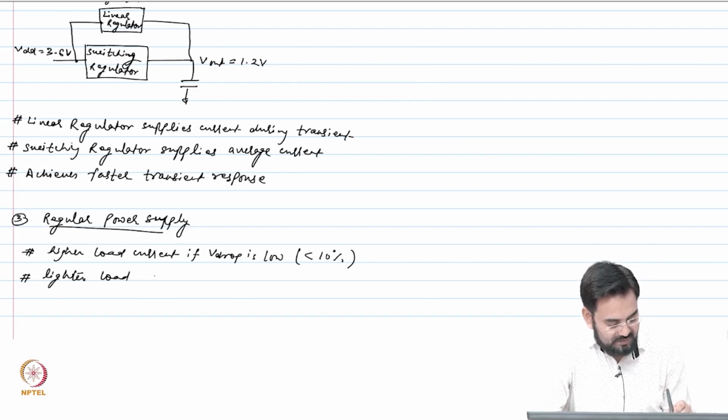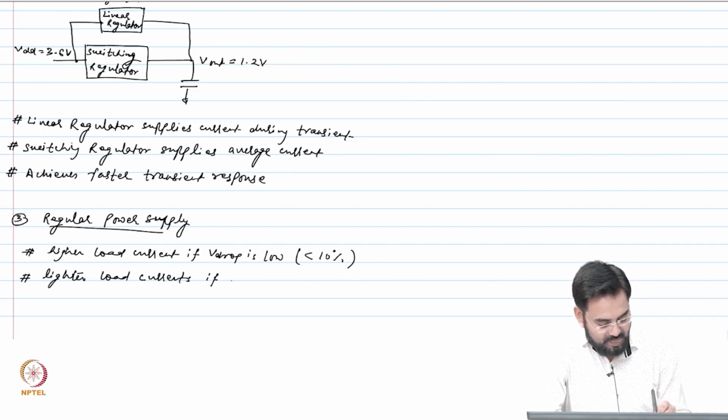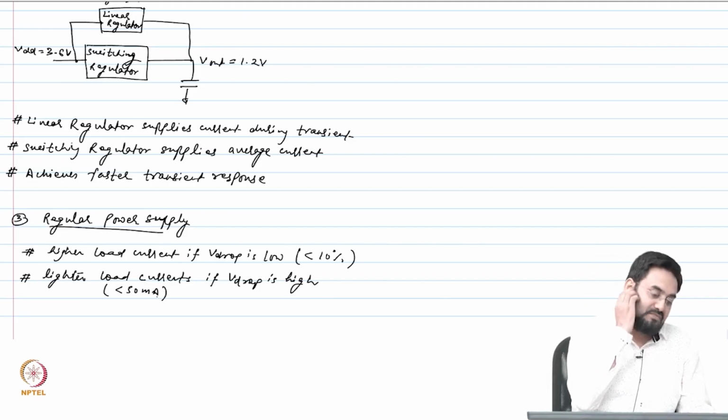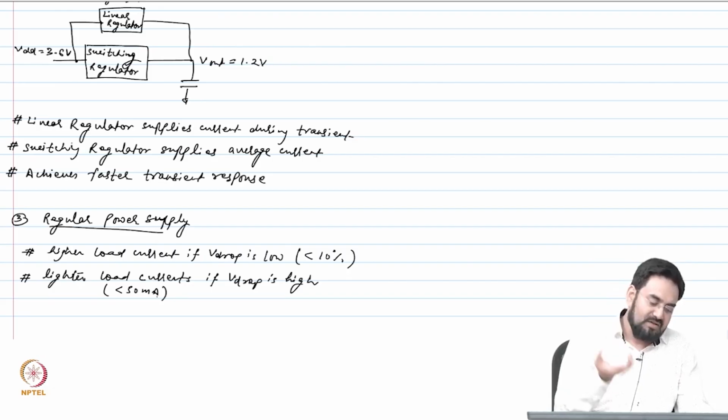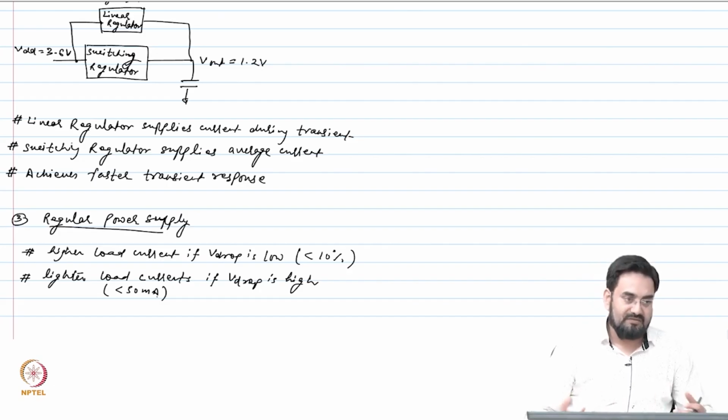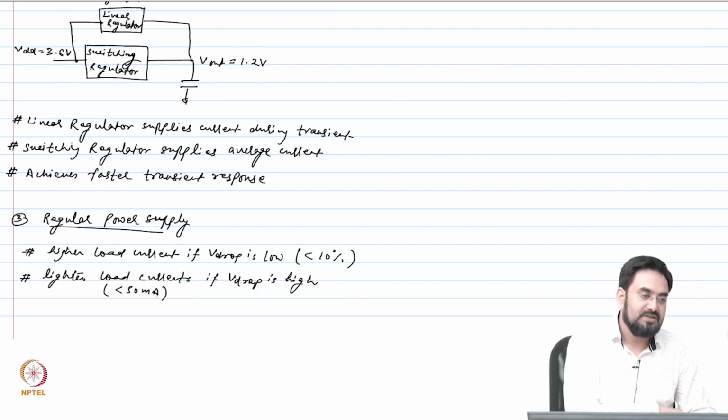Lighter load currents if V drop is high. When I say lighter load current, usually less than 50 milliamp or so. So, most of the analog applications, your PLLs or your sensors, analog front end, all those can be supplied with these LDOs, because they are much cleaner compared to your switching regulator.